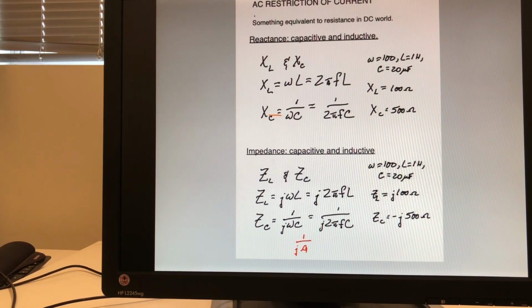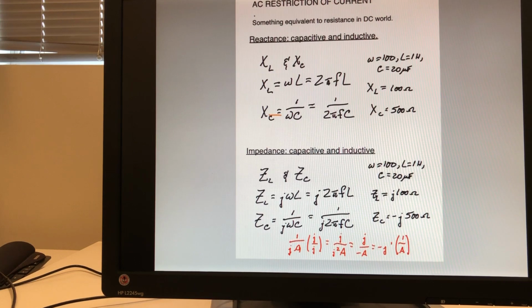Generally, you want to rationalize that, and the way you do that is you multiply numerator and denominator by that square root number, so j over j. Now this gives you j over j squared A, but j squared, since j is the square root of minus 1, is a minus 1. So it's j over minus A, or you might say minus j times 1 over A. So that's how you get the minus sign.